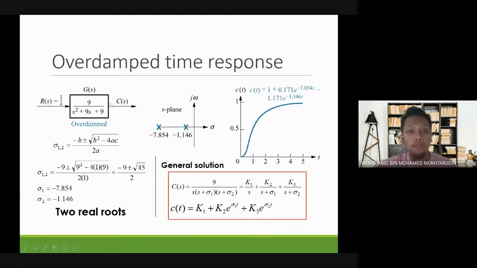So for overdamped time response, when you calculate your poles and you get two real and distinct poles, then your system is overdamped. So for an overdamped system, you have two real poles or two real roots.